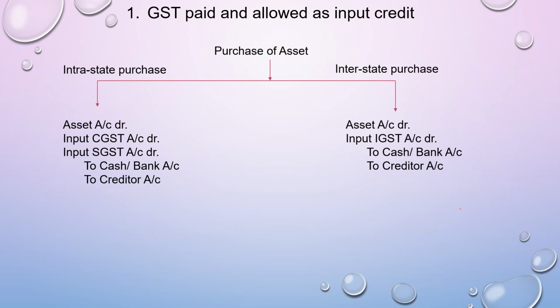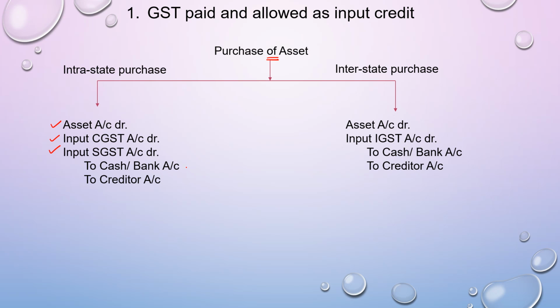Now moving further, in case of purchase of assets, again we split it into intrastate purchase and interstate purchase. It is the same, except that because it is a purchase of an asset and not a purchase of goods, you would be debiting that particular asset account with the value, and being an intrastate purchase, you would have the input CGST account debited with half the percentage of GST, and the input SGST account debited with the other half of the GST.